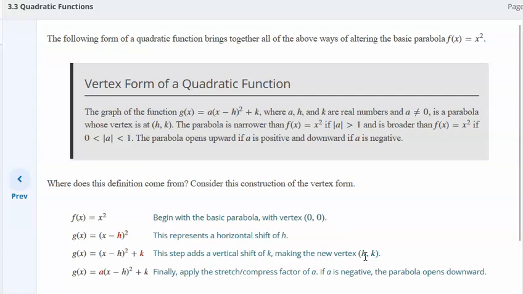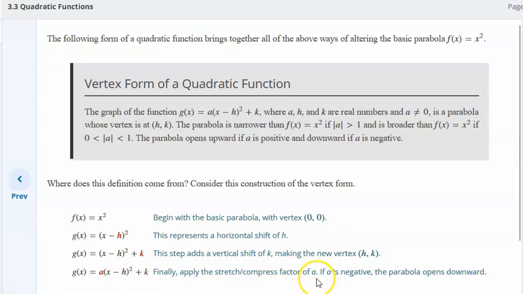Remember, if it opens upward, the vertex was a minimum at the bottom. If it opens downward, then the vertex is a maximum at the top. And then finally, we put that coefficient A out there.